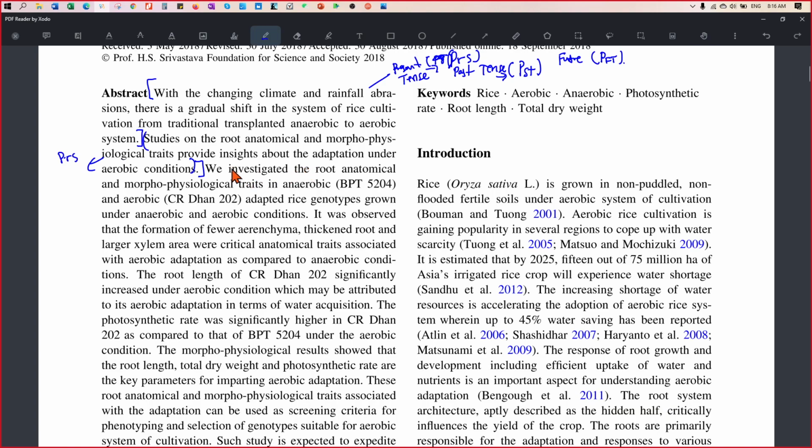Present tense. Okay. The third sentence: we investigated the root anatomical and morphophysiological traits in anaerobic BPT 5204 and aerobic CR Dhan 202. So these are rice varieties. Okay, you see, a scientific article is quite advanced.